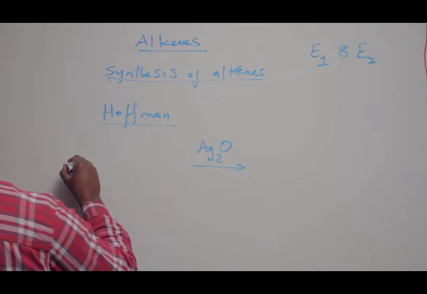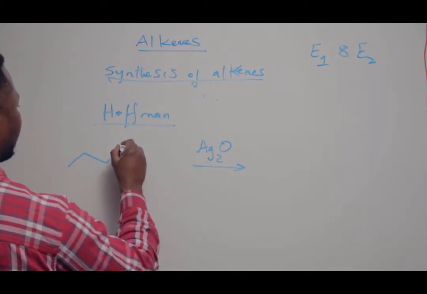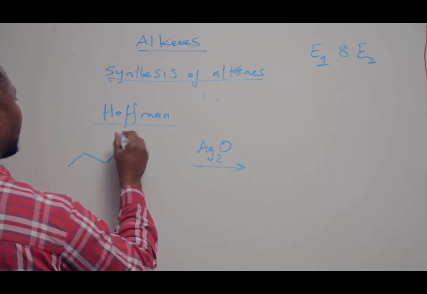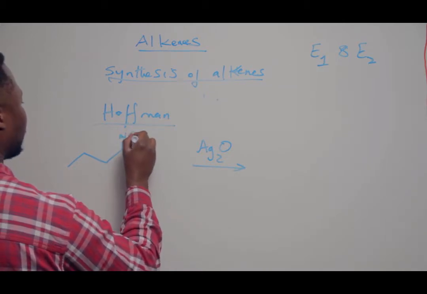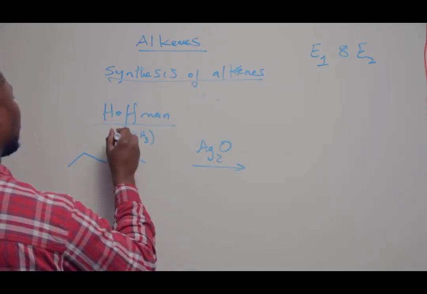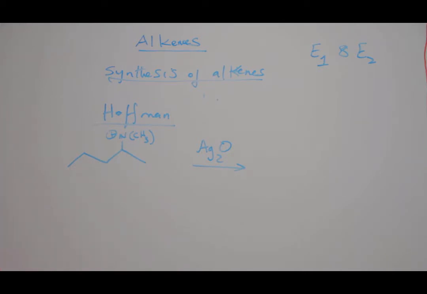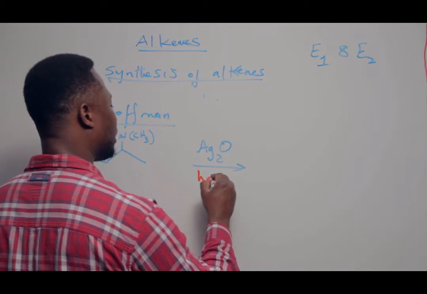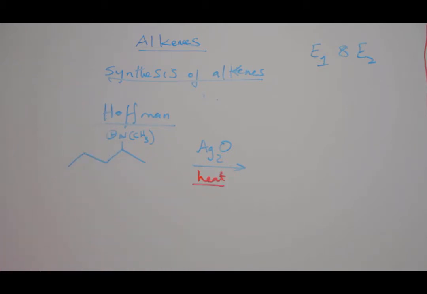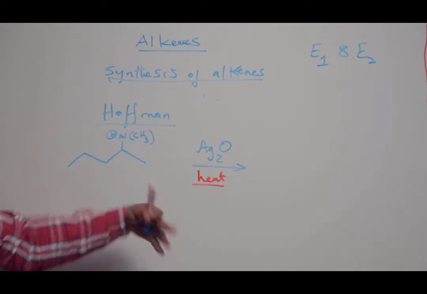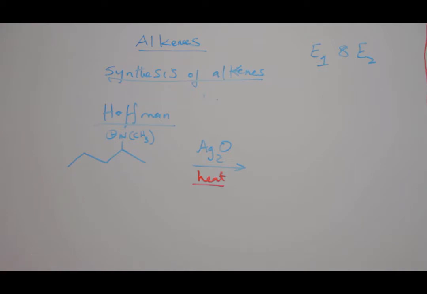So let's say we have this molecule as our reactant, and we are attacking it with the Hoffmann reagent. By doing that, obviously we still need what? Heat. Most of the time when you're trying to form an alkene, because you're breaking bonds to form alkenes, you're going to use heat. There's some rearrangement going on, right?